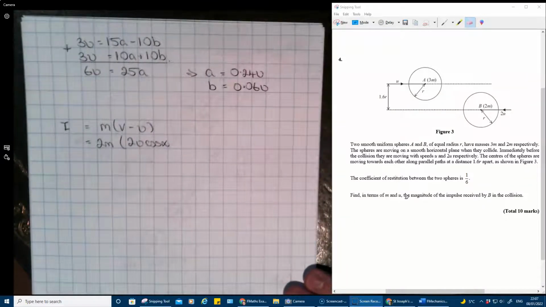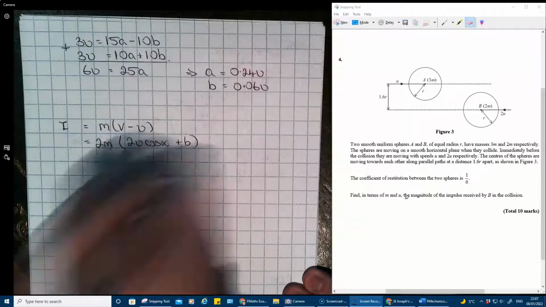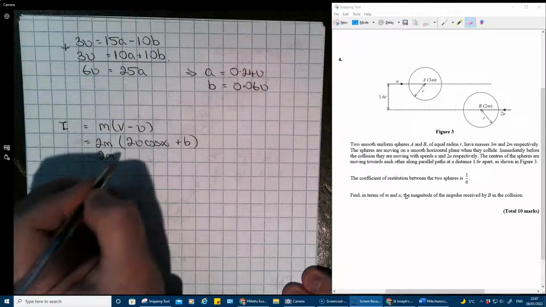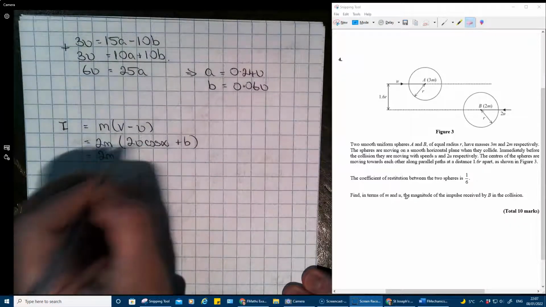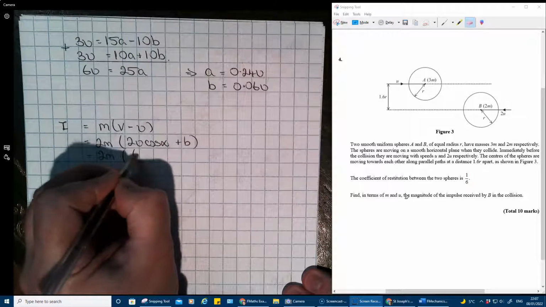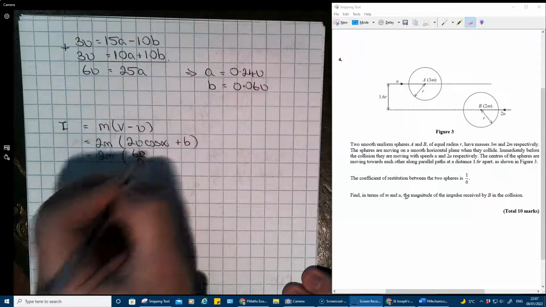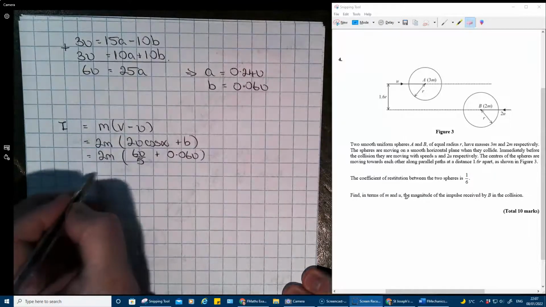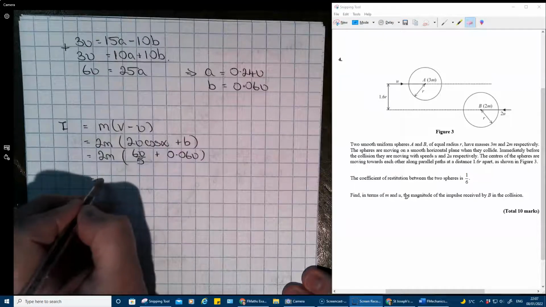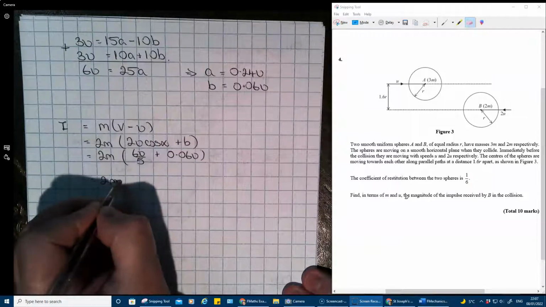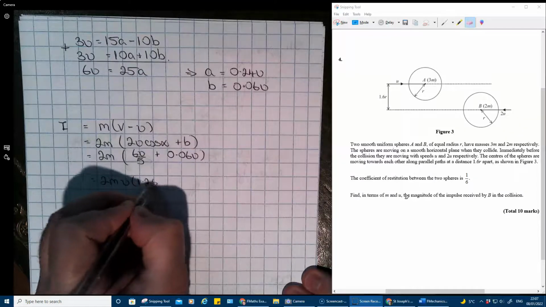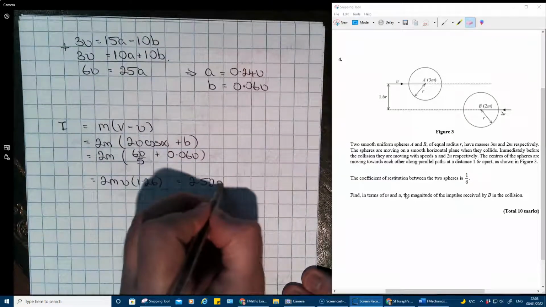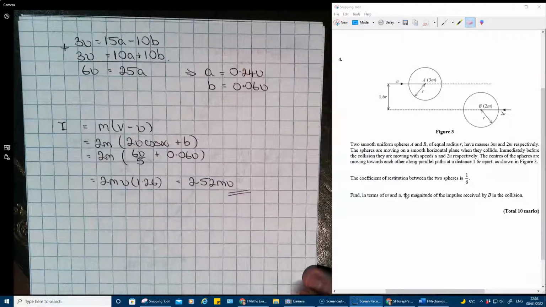So I'm going to take away minus b, so I'm going to add b. So that equals 2m times 2u times 3/5, which is 6u over 5. B we know is 0.06u, and then we get 2mu times 1.26, which equals 2.52mu is the required impulse.